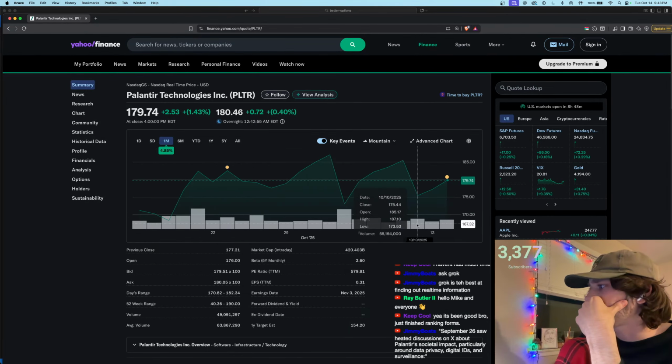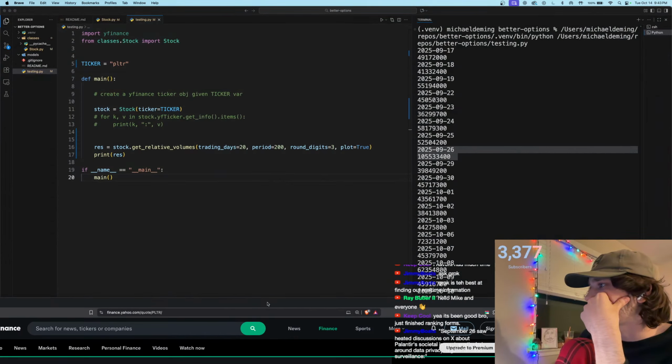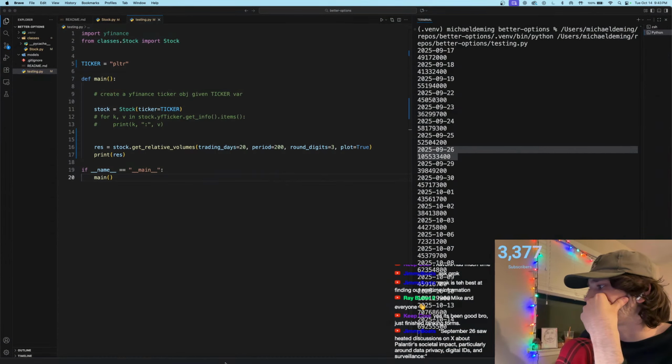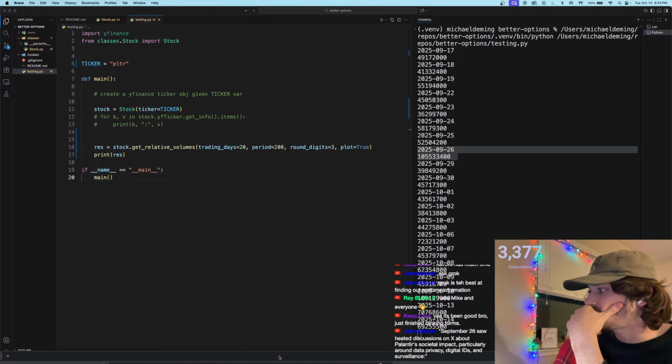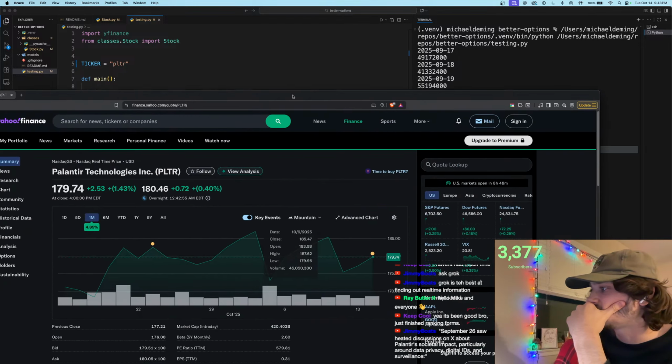I'm getting a volume of Palantir at 49 million, 41 million at 10/13. I'm seeing 70 million.